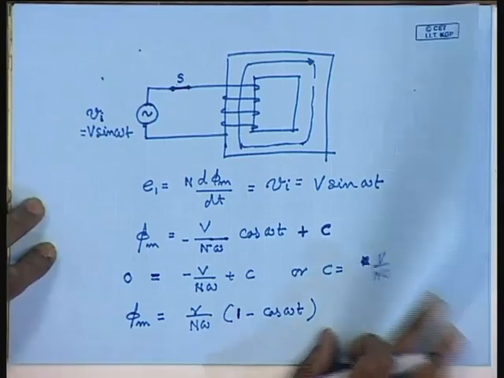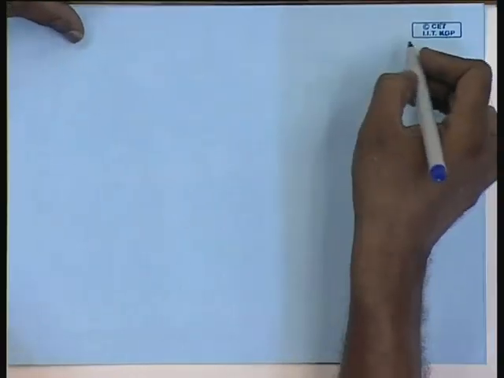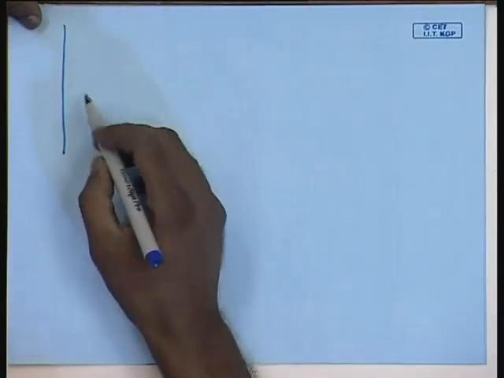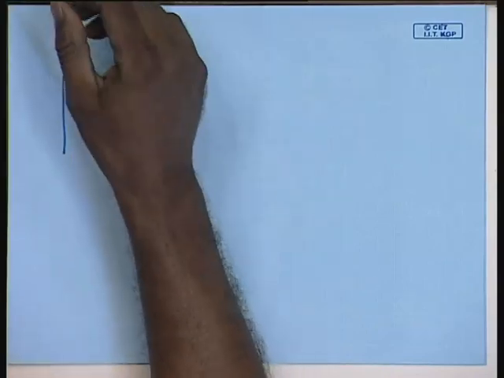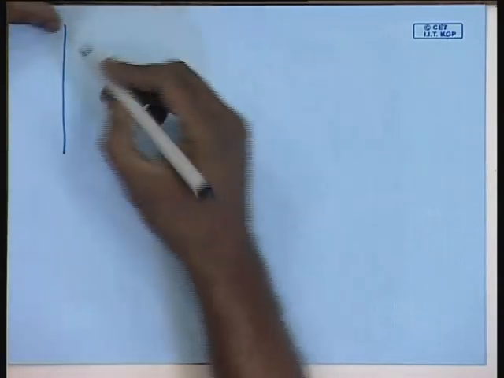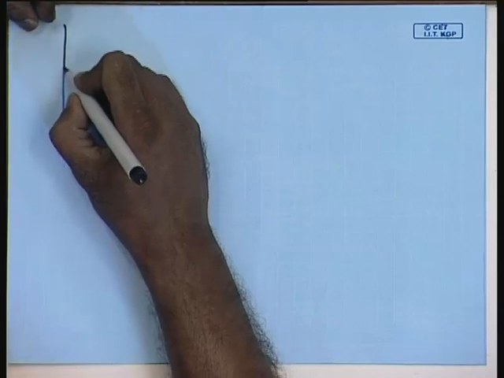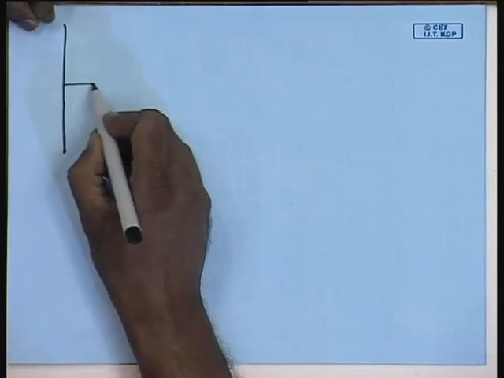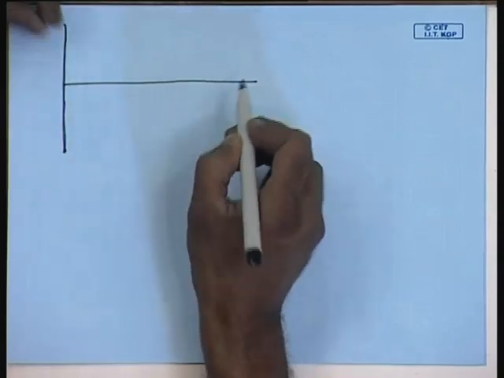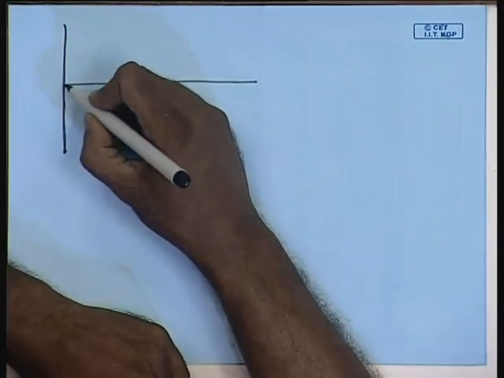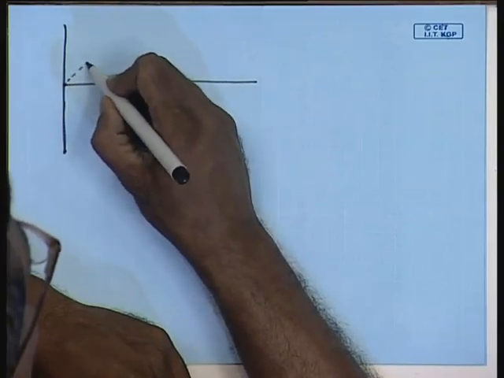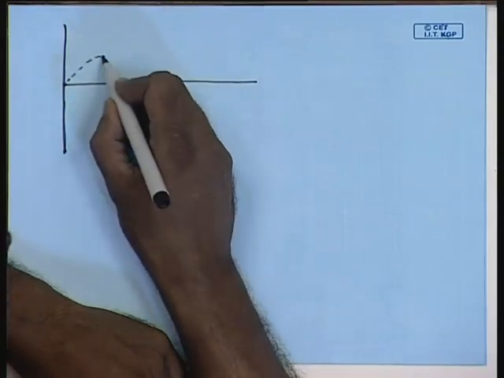Let us plot this. So, this is the applied voltage V sin omega t.